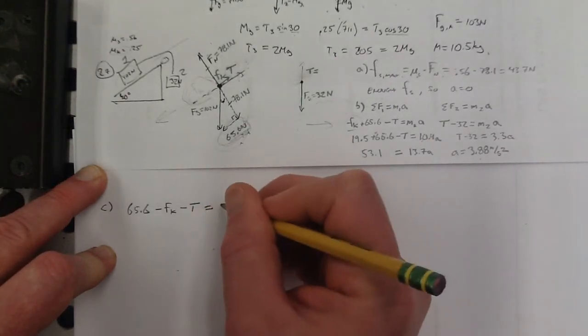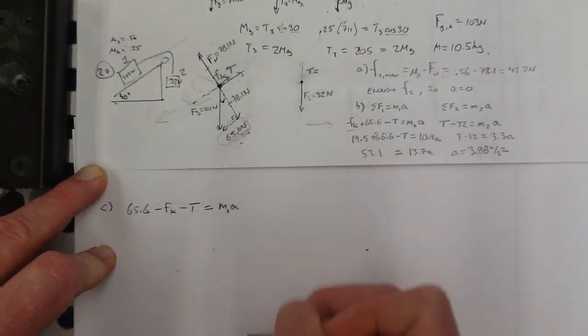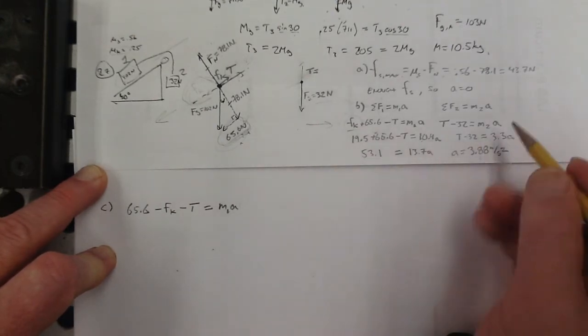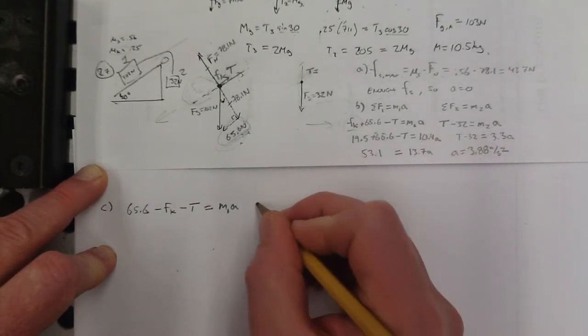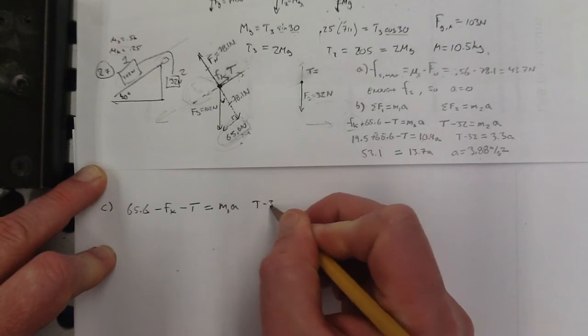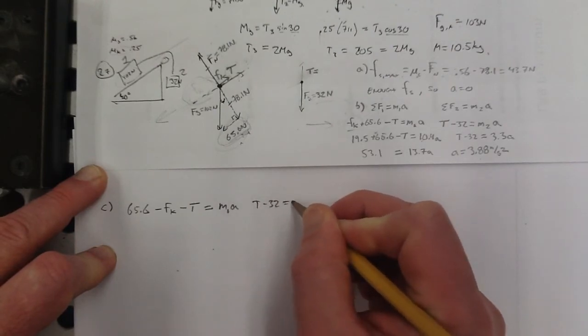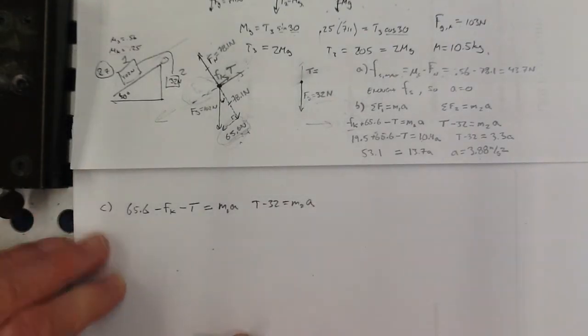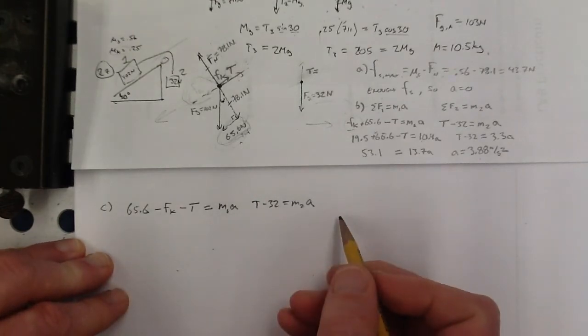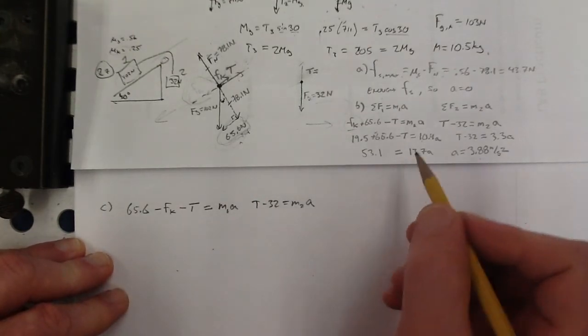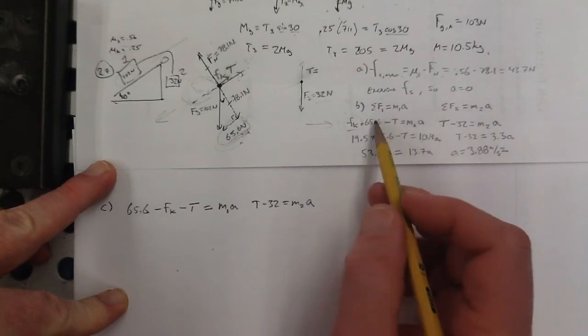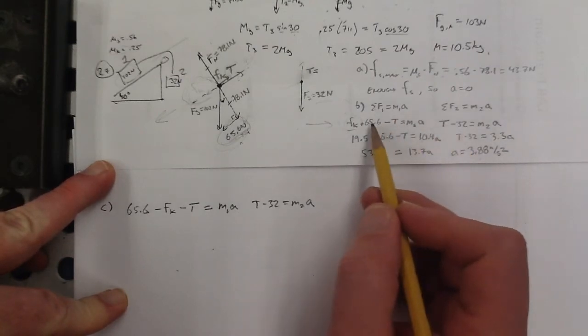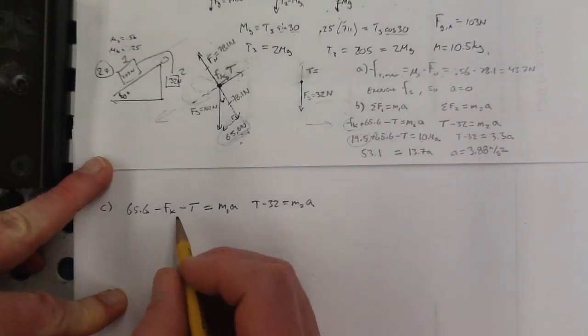Equal to that. And here the friction wasn't at play, so that equation is exactly the same. So there we go. What was the, let's see, did I have that? That's 19.5.